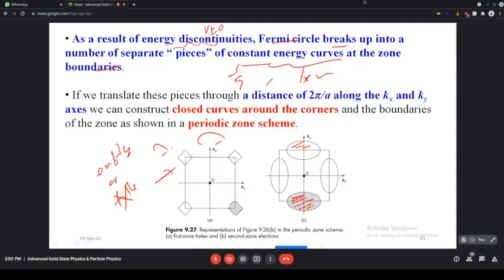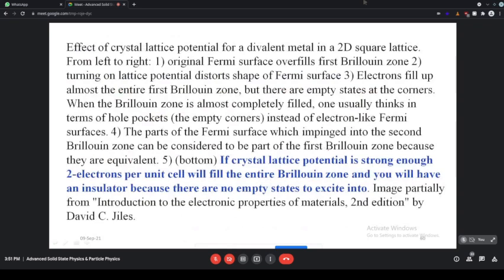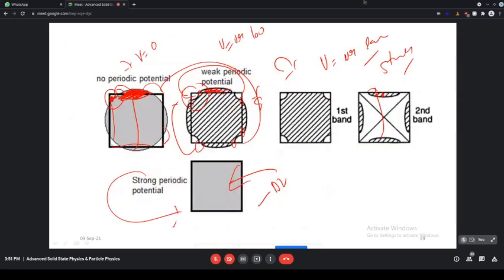Okay, yes, go ahead. Sir, if you apply a strong potential, what happens? Simply, due to a very strong potential, all these electron energy levels that are present, we can say second zone electrons will fill the first zone holes.